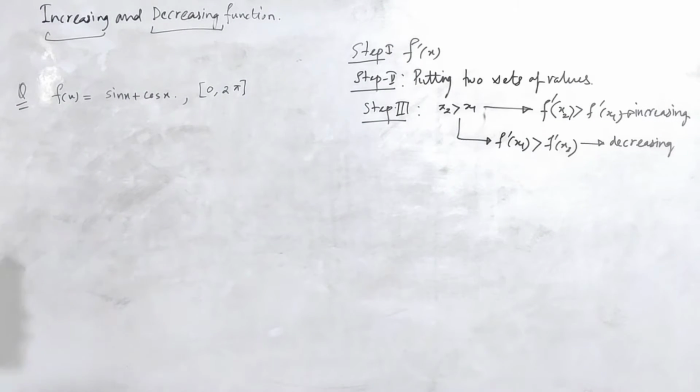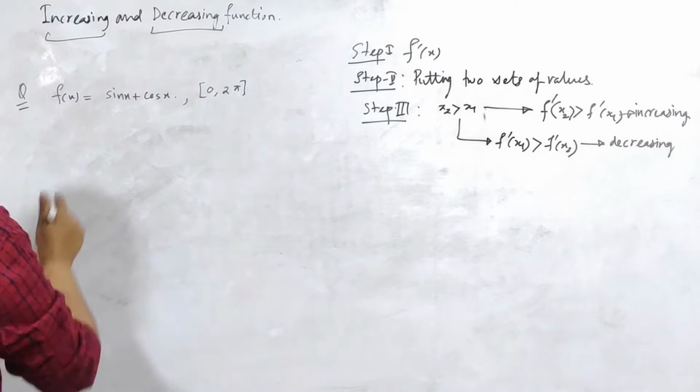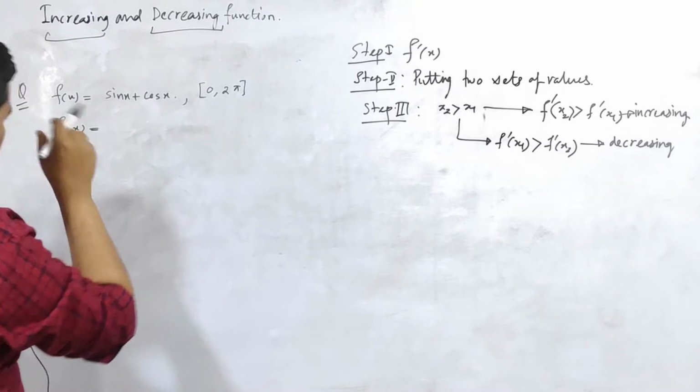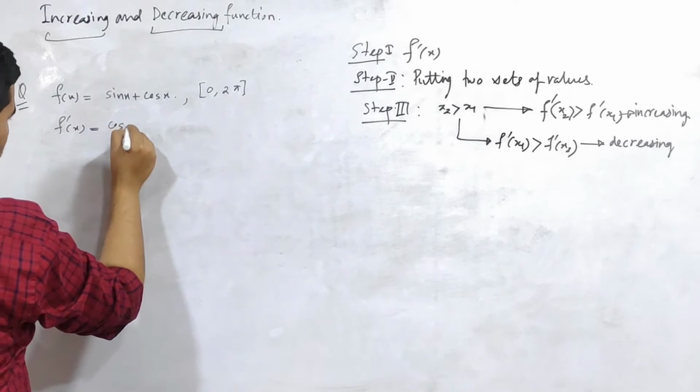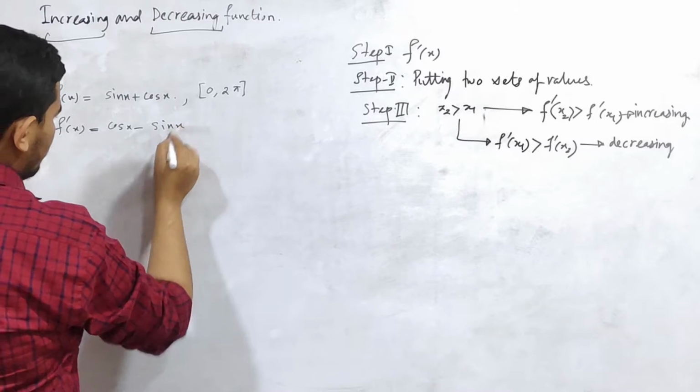The basic step to move forward is to find the derivative. Differentiation of sin x will be cos x and differentiation of cos x will be minus sin x.